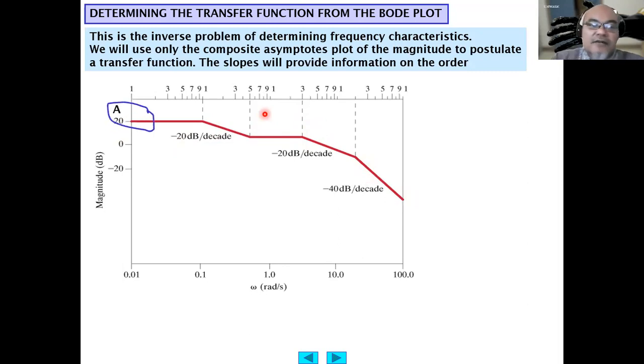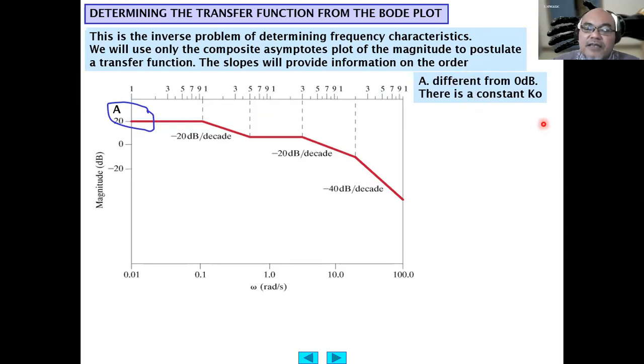So first, the initial constant is at 20 decibel. It should be the logarithm of 10, different from 0 decibel. So it means there is an initial constant K0.